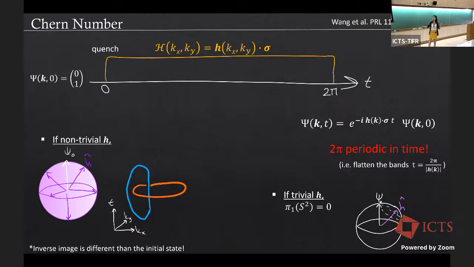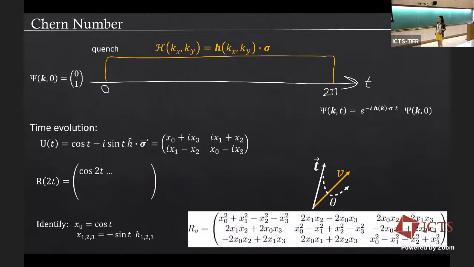If I trace them, they will form circles, the inverse image. And if I take two points, blue and orange, on the Bloch sphere, they will link because of the non-trivial topology of that Hamiltonian. This is what's called a linking number. The topology is protected by the topology of knots.